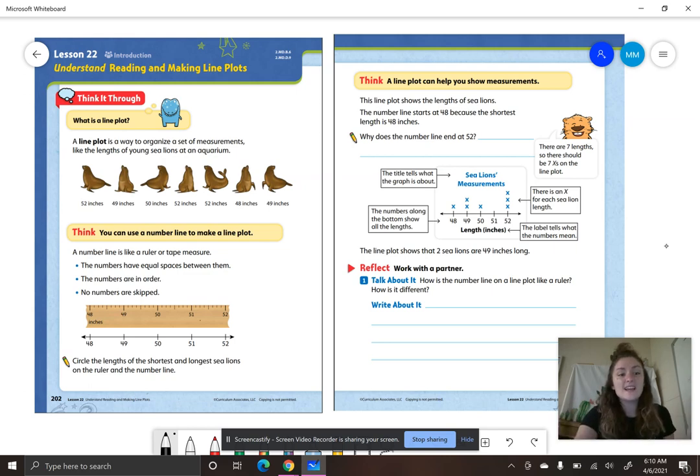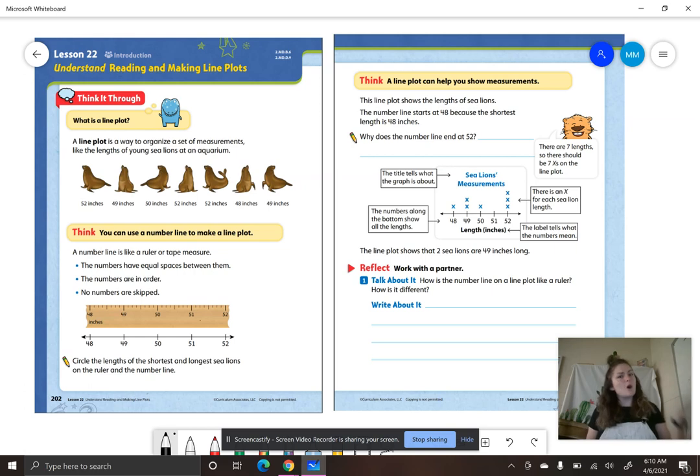So we have a sea lion that is 52 inches, a sea lion that is 49, 50, 52, 52, 48, and 49 inches. The first thing we need to think about is, what is the range that we see?